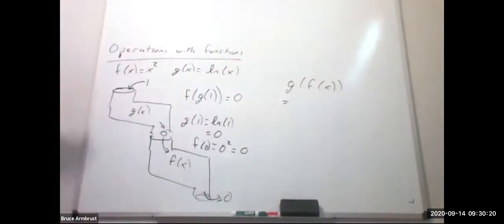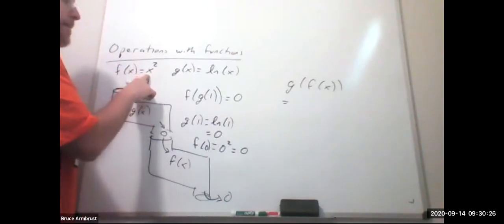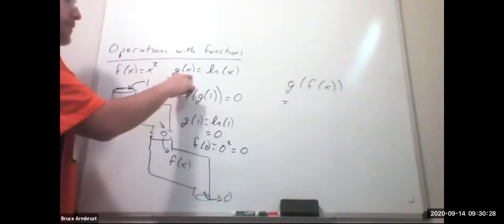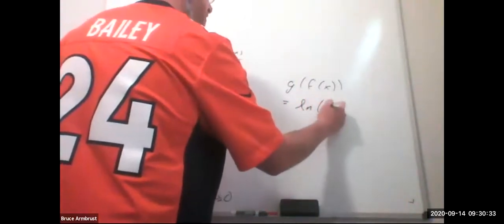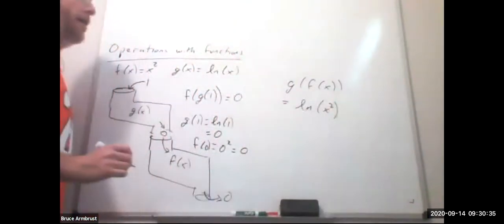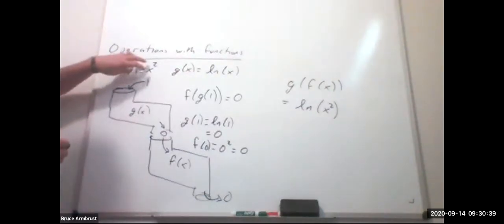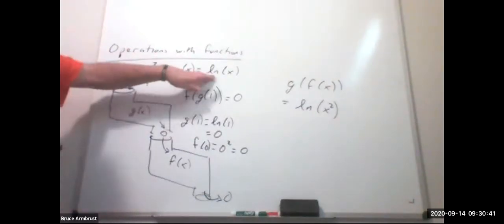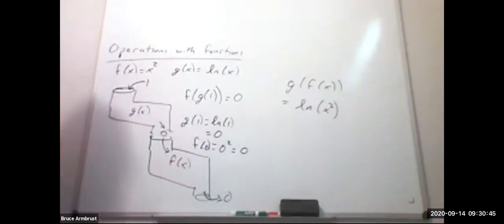For these specific ones, we're going to start with f, which is x squared, and we're going to put that into g. So this is going to equal the natural log of x squared. So we took this entire rule and we put it into g. So in this case, g of f of x is equal to the natural log of x squared.